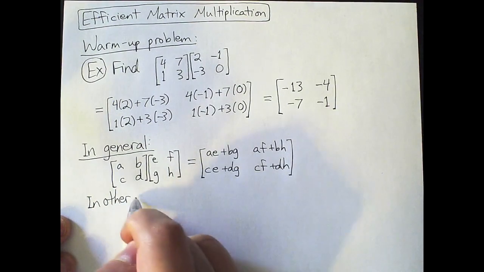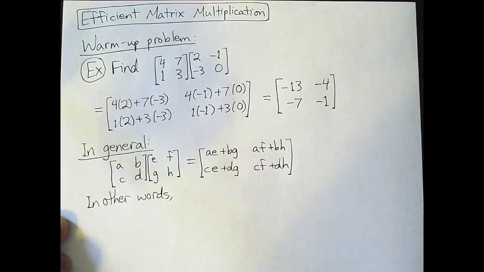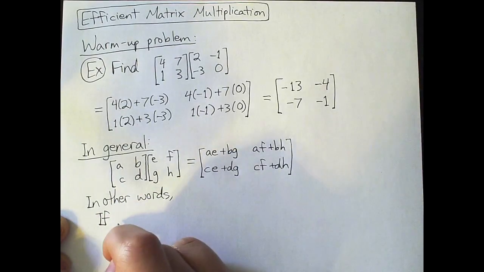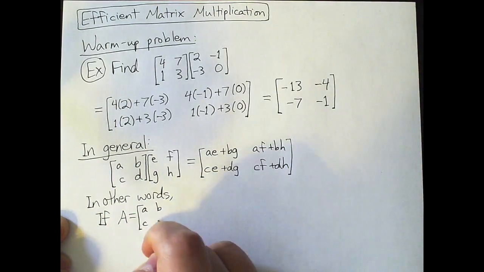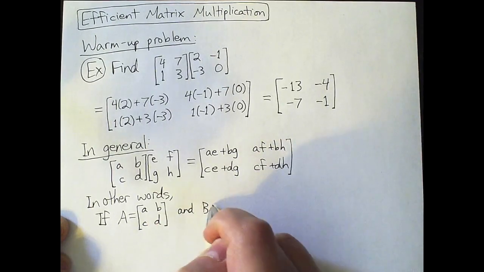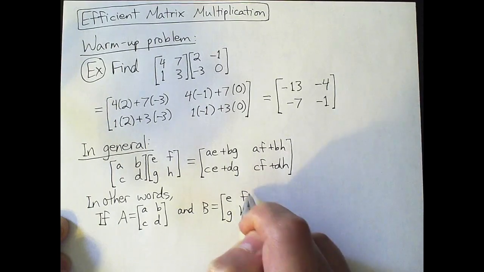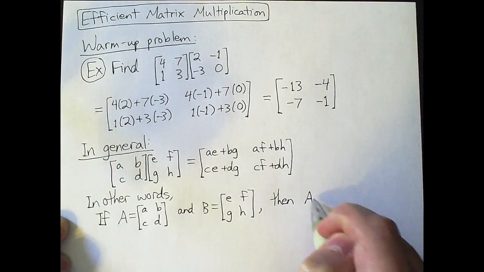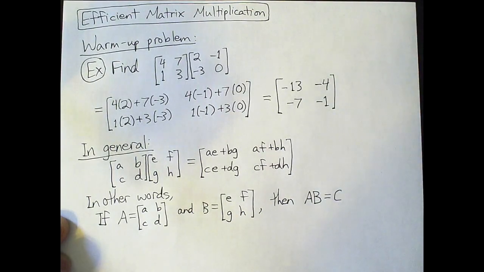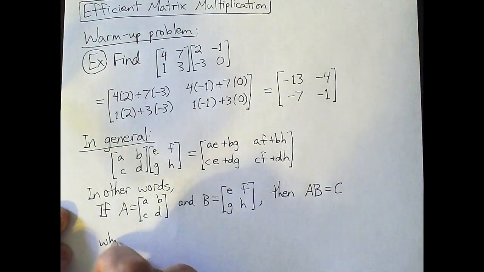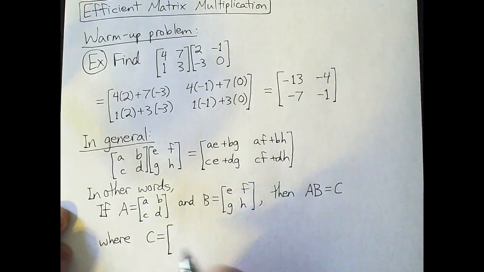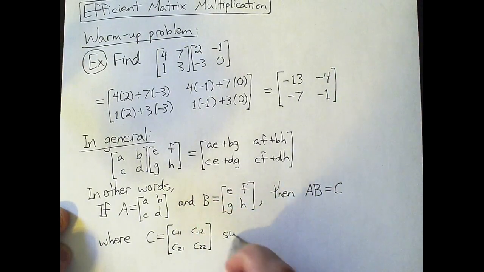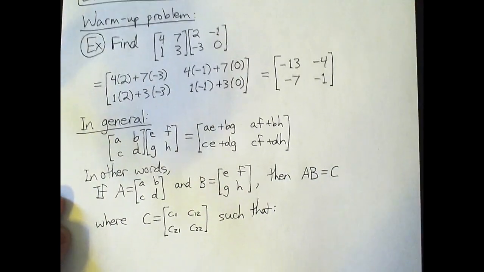In other words, if we call the first matrix capital A, and it consists of these entries, and we call the second matrix capital B, and it consists of these entries, then the product, A times B, is going to equal a third matrix, C, where C equals, instead of continuing through the letters of the alphabet, I'm going to call this lowercase c11, c12, c21, c22, such that we can find all of those c's.